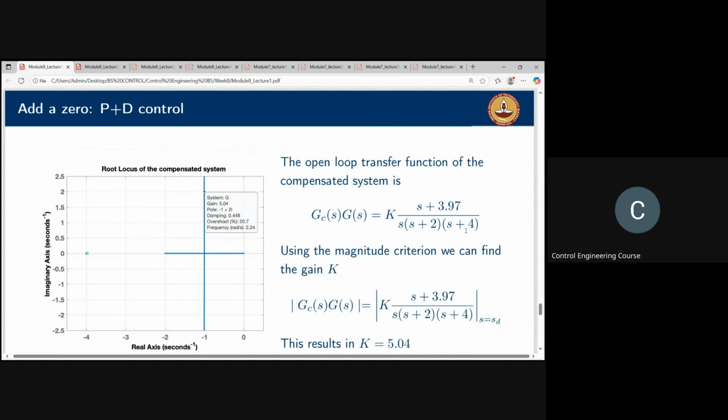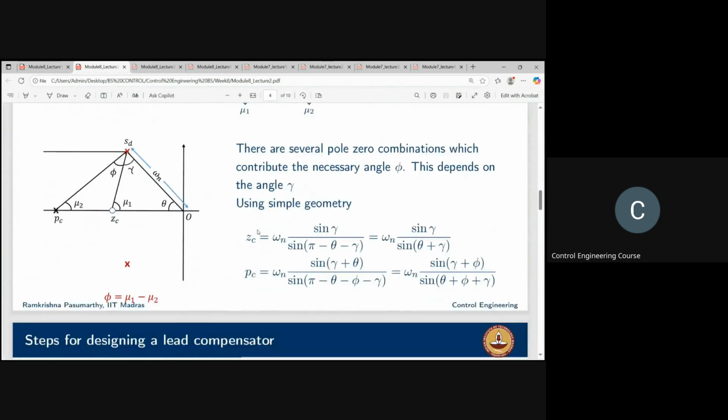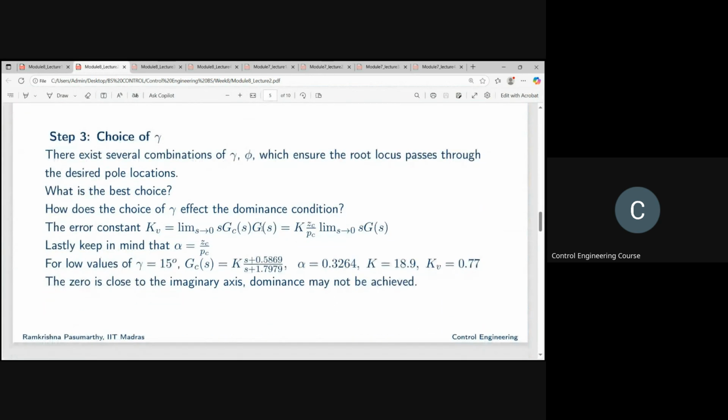So it is a type 1 system. KV is nothing but multiply by S and put S equal to 0. But when you do that, it turns out KV is nothing but K into ZC by PC.